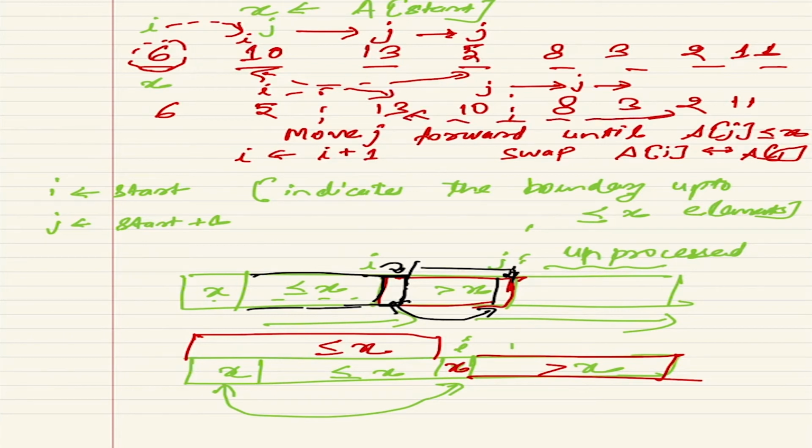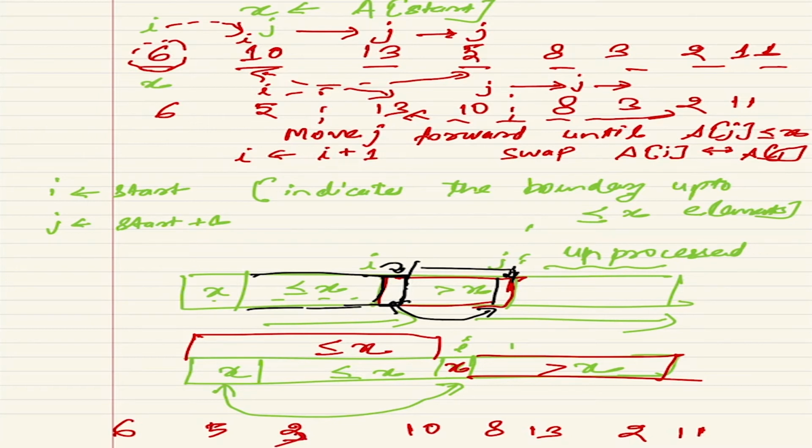So what will be the value now? 6, 5, 2, 10, 8, 13, 3, 11. I'm sorry, we have gone up to 3, that's fine. So what you change is 3, not 2.